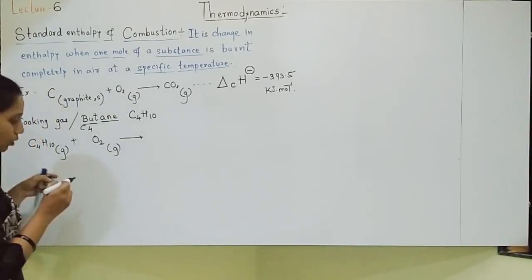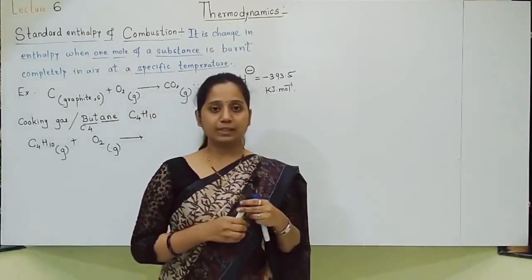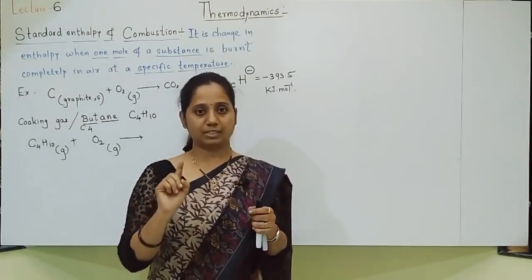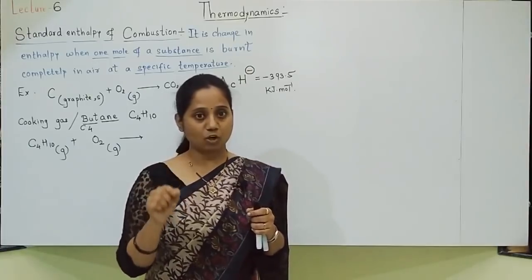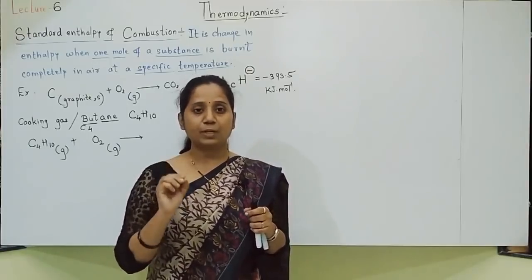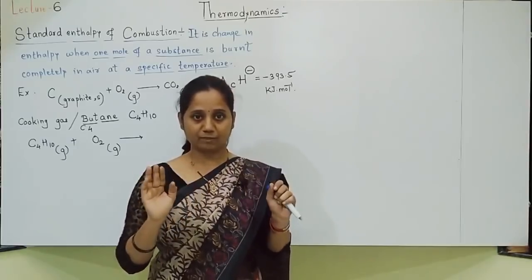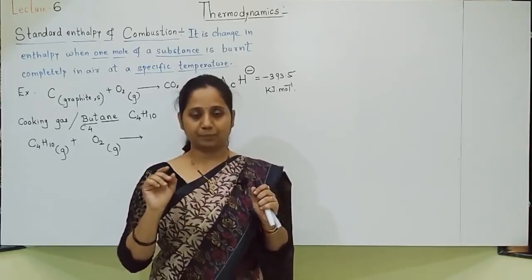Two things to remember while writing equations for combustion: first, you must add oxygen because combustion needs oxygen. Second, products are always carbon dioxide and water. Always. Fixed products, carbon dioxide and water.